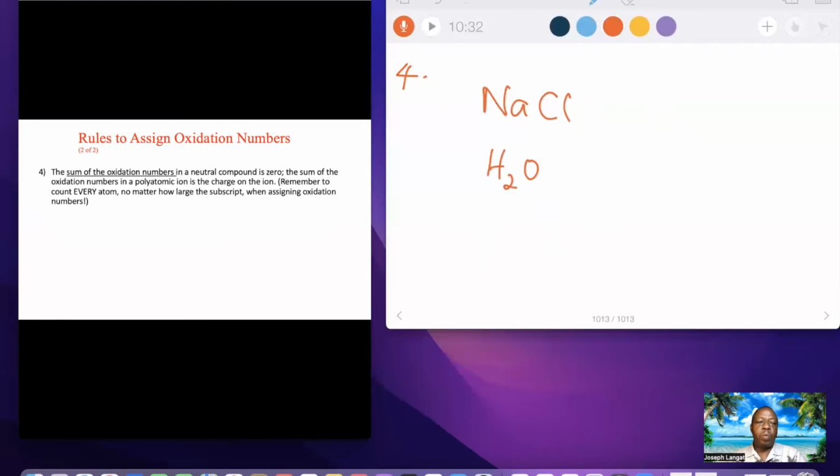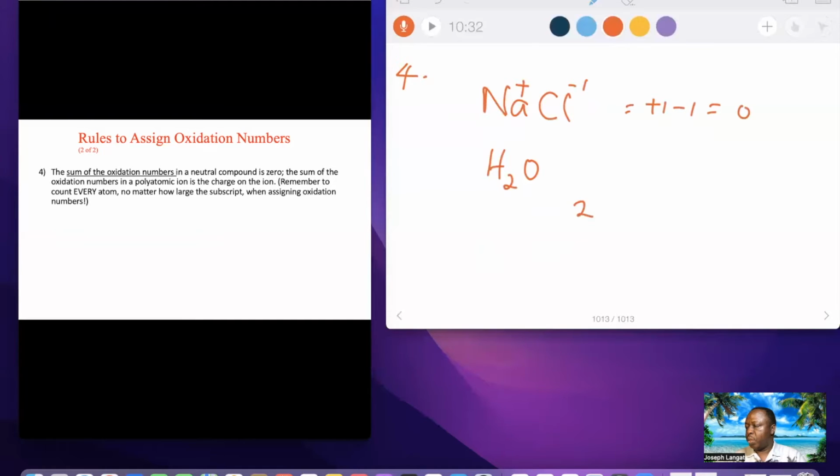If we want to find the oxidation number, we do the math and we equate to 0. The sum of oxidation numbers is always 0. So in other words, we know this is +1 and this is -1. So if we have +1 -1, this equals 0.